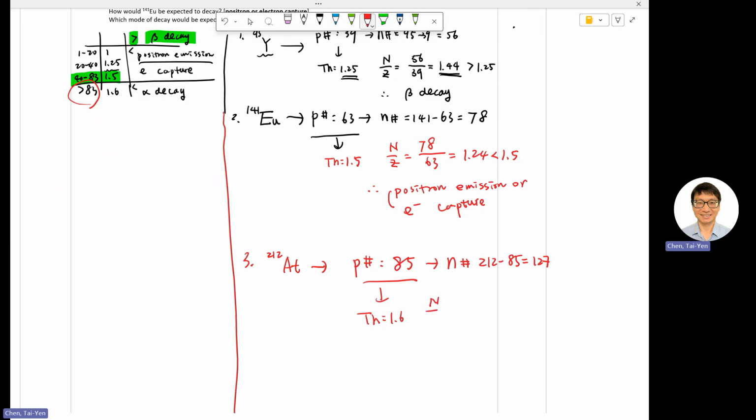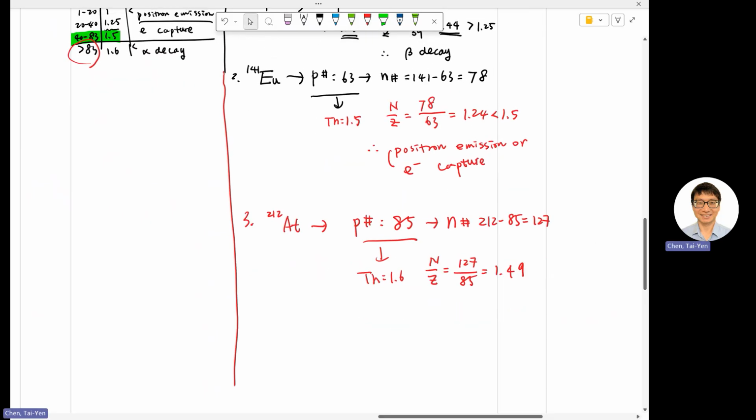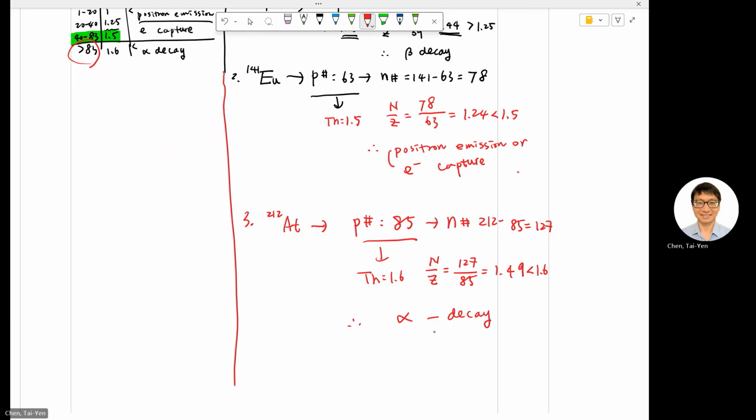Therefore your N to Z ratio will be 127 over 85, which gives you 1.49. So 1.49 is smaller than 1.6. Therefore, you're going to have alpha decay. This is how you use the table to predict what kind of decay you're going to have.